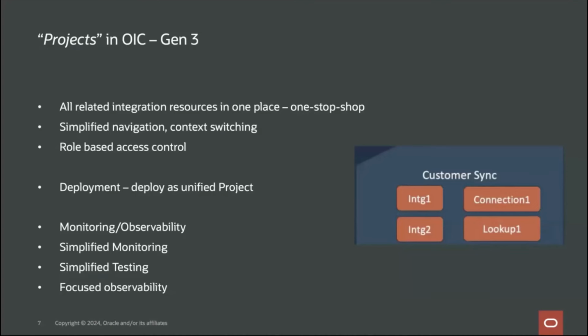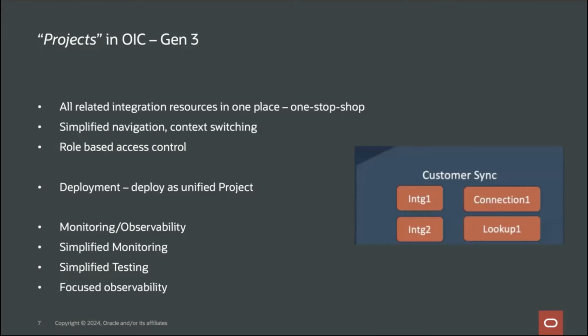So previously in OIC, all of your integrations, connections, lookups, libraries, etc., were kind of all in one place. They're all in OIC, but with projects, it's a little bit easier. It's a more streamlined interface to organize and streamline the development process with a better organization of those integration artifacts.